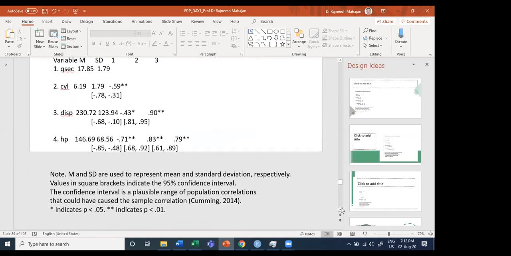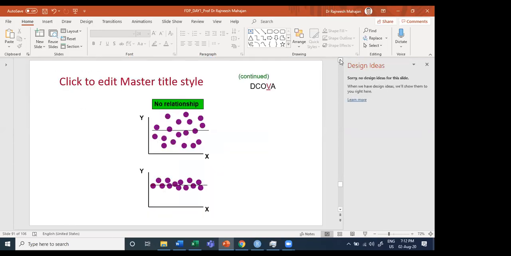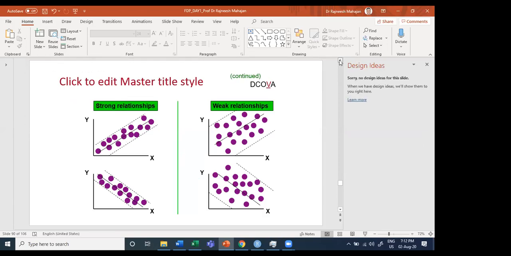Let us go to the further diagrammatical studies where we have weak and strong correlation. Here we have an upward sloping curve, the demand curve, and it talks about a strong positive relationship, and here on the supply side, a strong relation is a downward sloping curve.